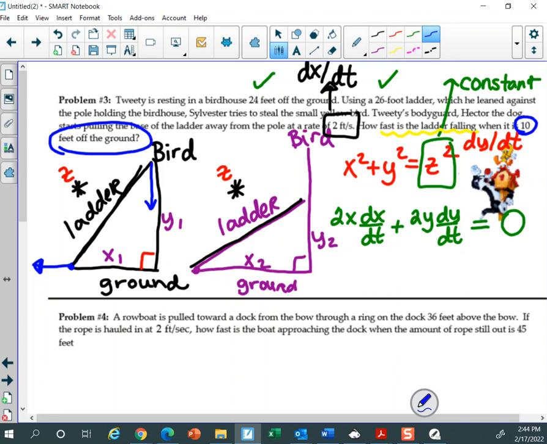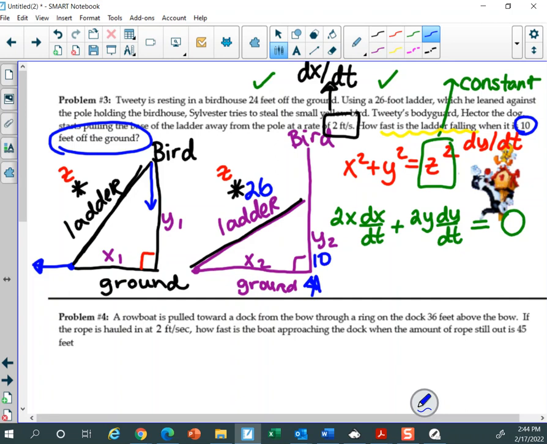What's the 10 feet off the ground thing? Ian? That's the y here in phase 2, right? So we're talking about y as 10 in this scenario. My ladder is always 26.